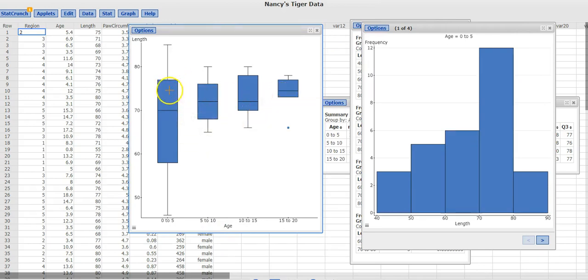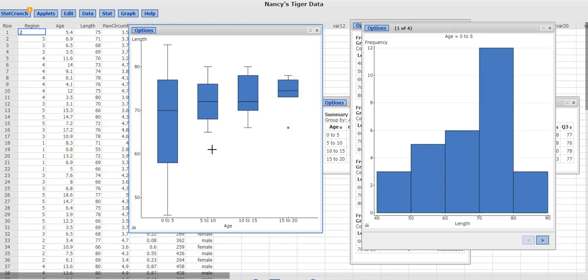What we can see with this one is that for the 0 to 5 age group, there's a lot more down here at this lower length. And for the other ones, there's not a whole lot of difference between them. And even for this first one, we've actually got some longer tigers in this one. This is at least showing us something where we can maybe see the relationship.